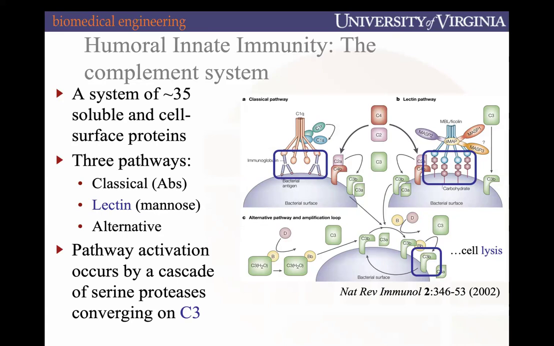Endotoxin is a feature on the surface of a certain class of bacteria, not immune cells, forgive me. There are going to be receptors, as we talk about certain responses to bacteria. The alternative pathway typically is only helpful with a certain class of bacteria, like gram-negative versus gram-positive.